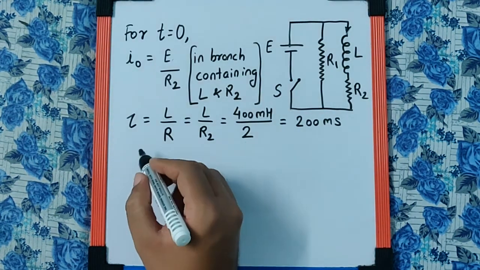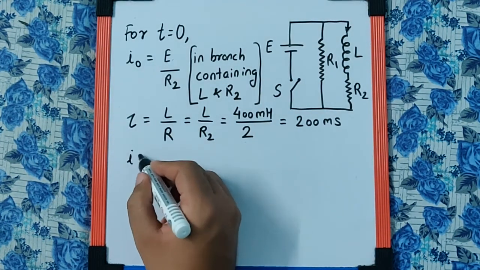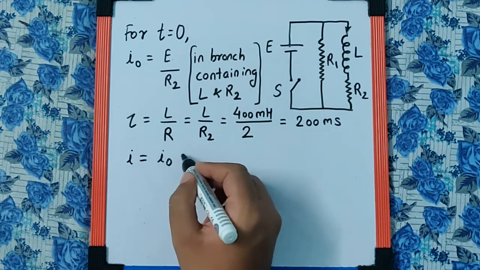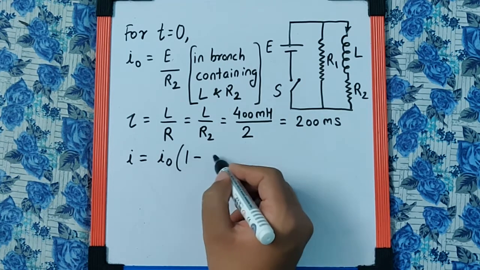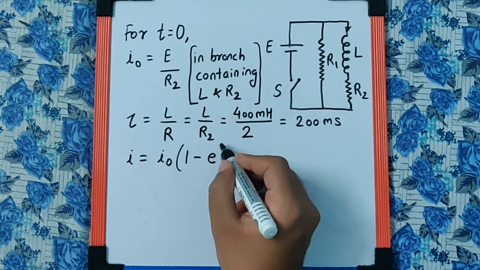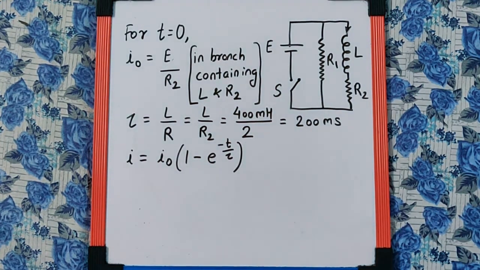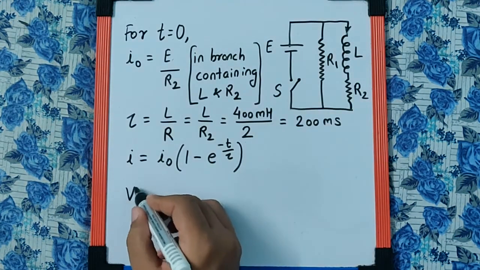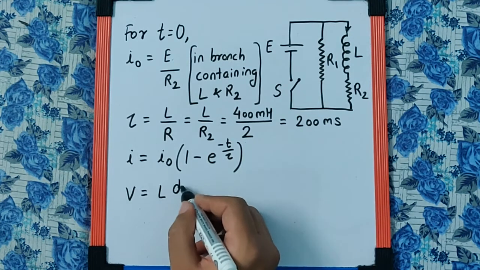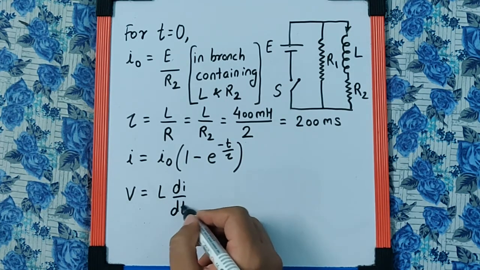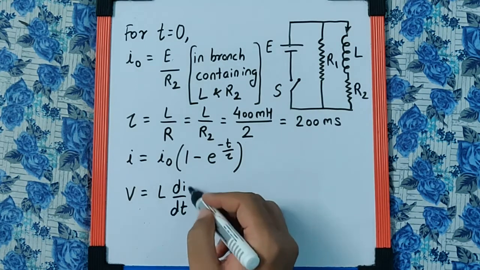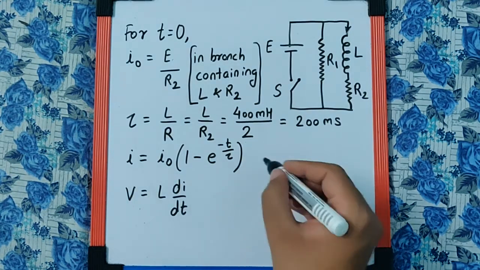Now as we go further, we know the equation is I equal to I naught into 1 minus e raised to minus t by tau. This is the general equation. Now definitely to find the potential difference across L, we need to say V equal to L di by dt, and for that we need to take the derivative of this equation.